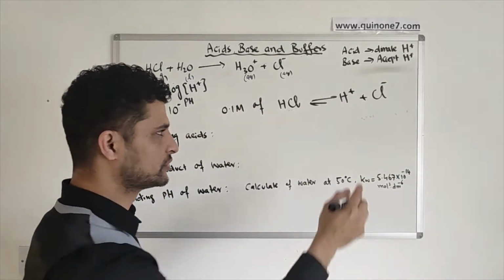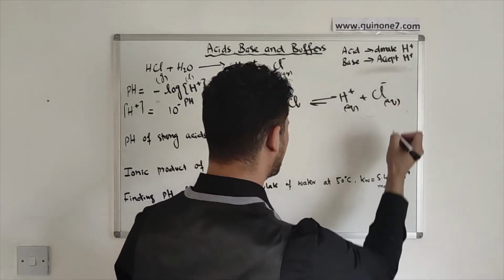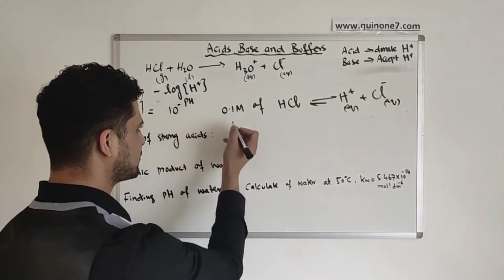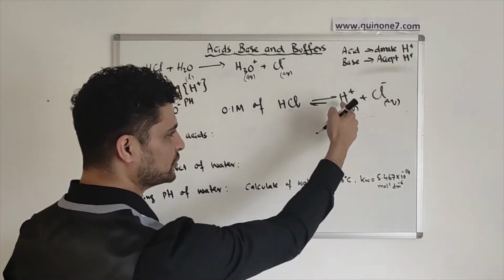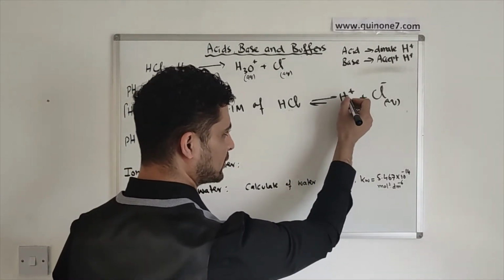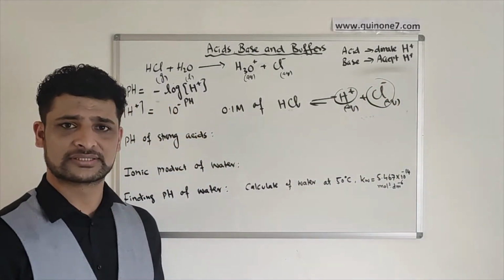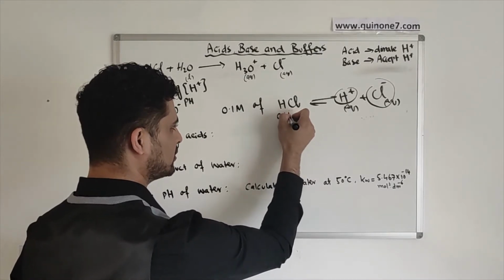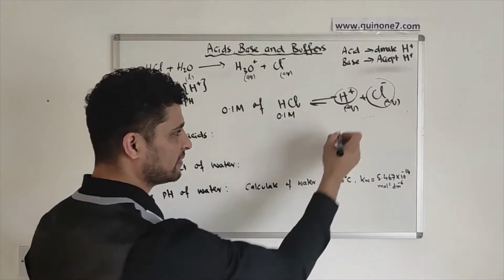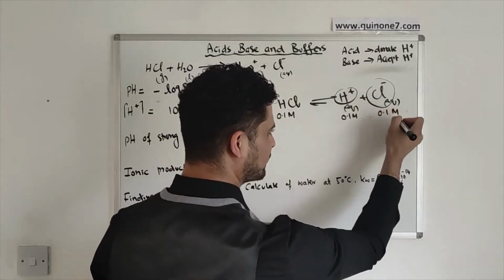So it is completely dissociated into its ions in the aqueous solution. If I want to calculate the pH, the formula is minus log of H positive ion concentration. The concentrations of both ions are the same. That means if you have 0.1 molar of HCl, it will produce 0.1 molar of H positive ion and 0.1 molar of chloride ion.